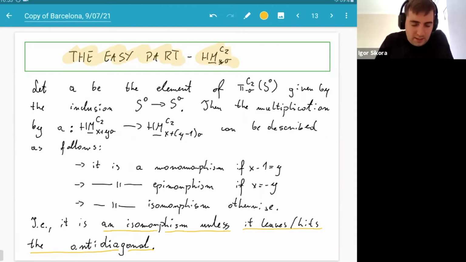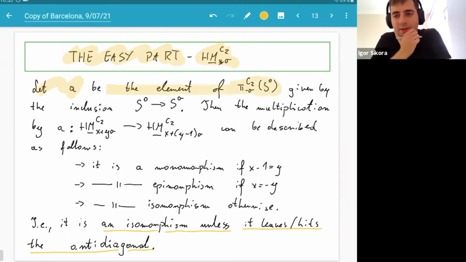Let a be the element of the -σ C2-equivariant homotopy groups of the sphere spectrum, given by the inclusion S^0 to S^σ. This element is also known as the Euler class.